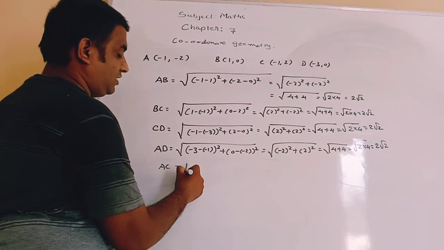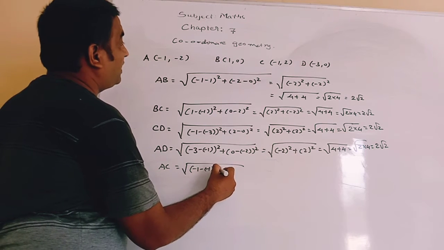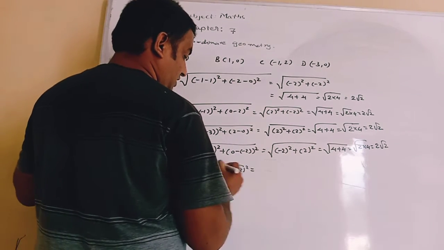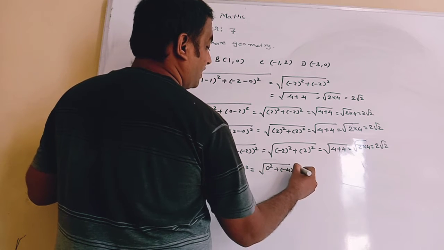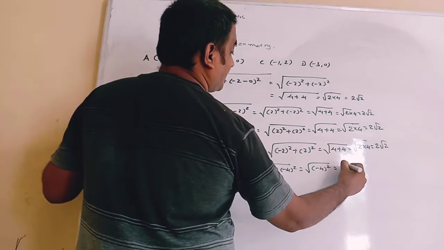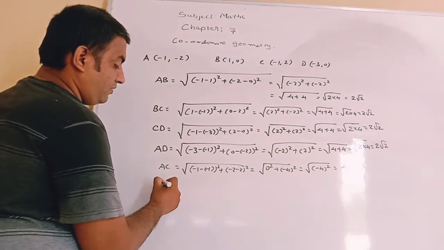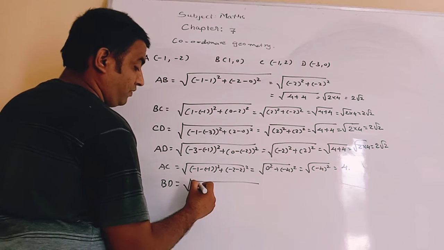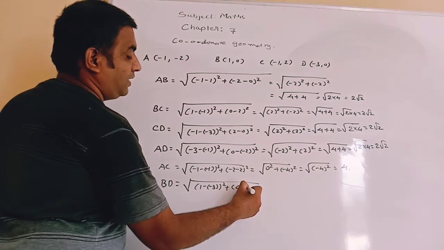So AC equals to (-1 - 1) square plus (-2 - 2) square. So this will be 0 square plus -4 square. So -4 square, and so it is 4. BD we calculate, then it is (1 - 3) square plus (0 - 0) square.